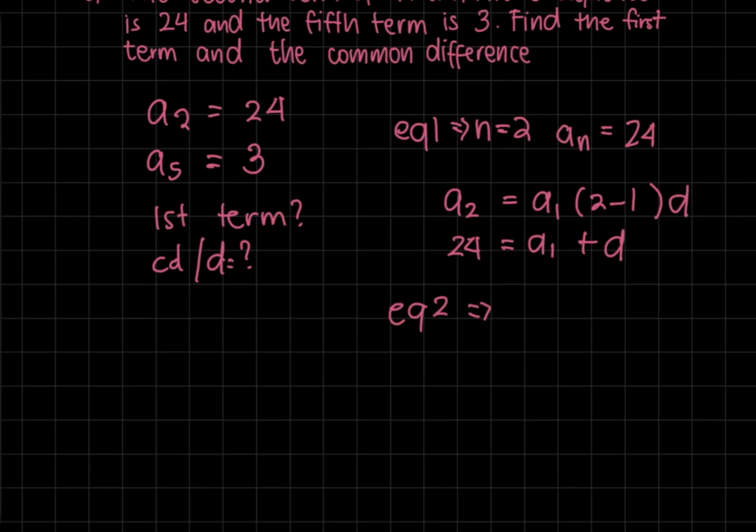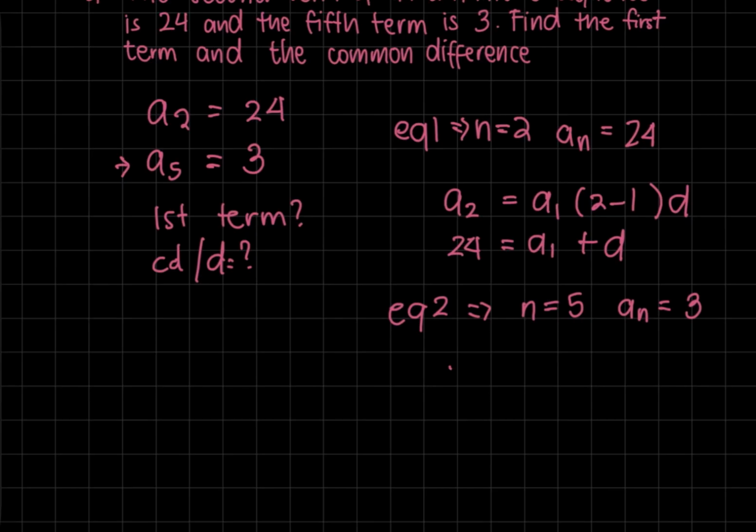Given that our n is 5 and our A sub n is equal to 3. This is also for equation 2. So let's write it down.